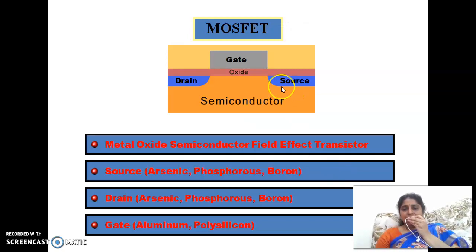NMOS is the N channel enhancement MOSFET. In the MOSFET, we have a substrate. Suppose it is NMOS, we have a P substrate. Source and drain are of semiconductor material. If it is NMOS, N plus source and N plus drain are present, formed with the diffusion process.